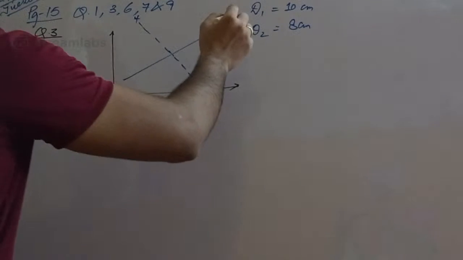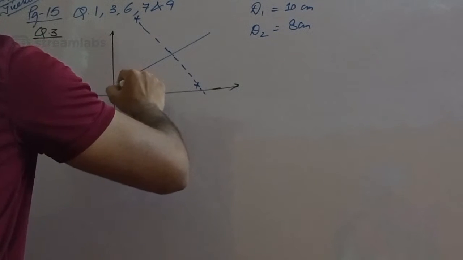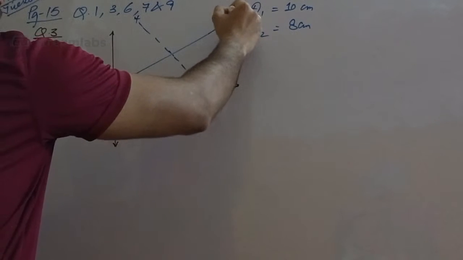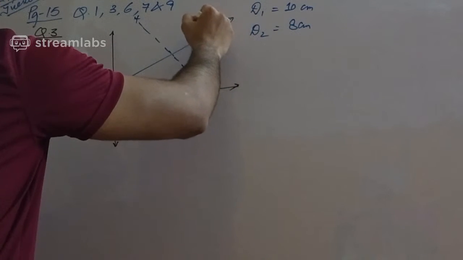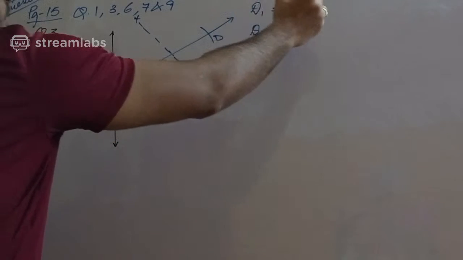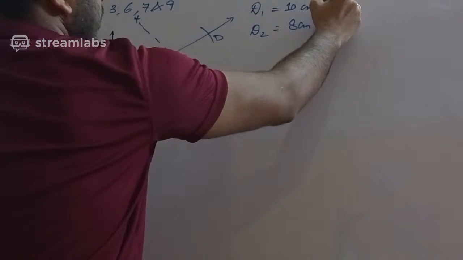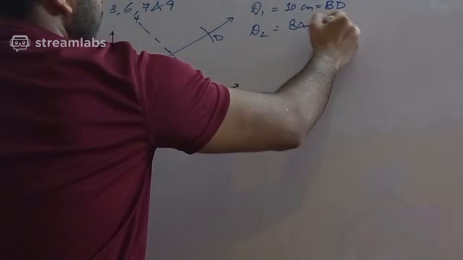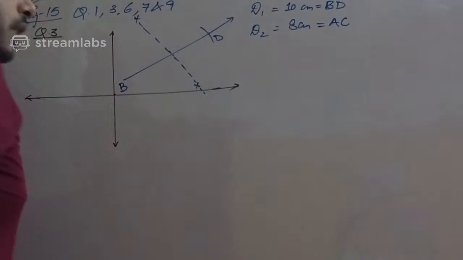Say I have just drawn the first diagonal, this is B, and made a ray and then cut it, and that comes as BD. So this is BD, the first diagonal, and say this is AC, which is 8 centimeter.